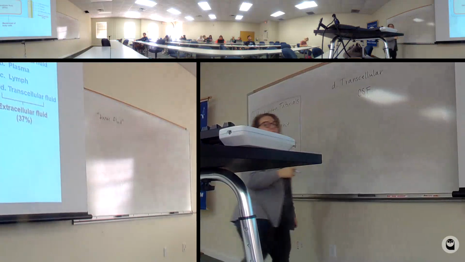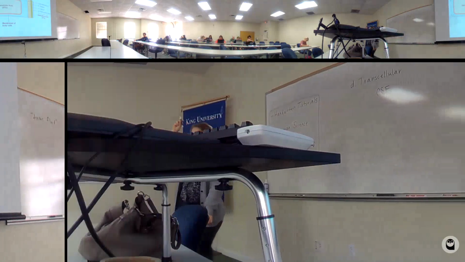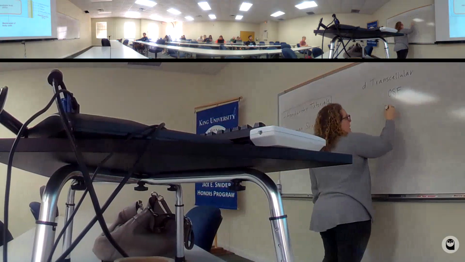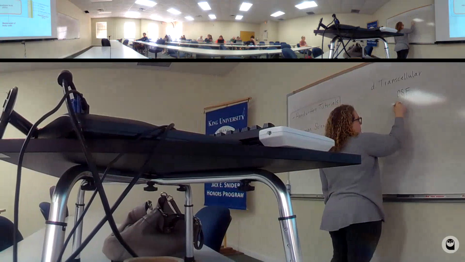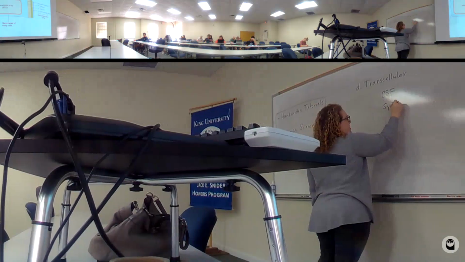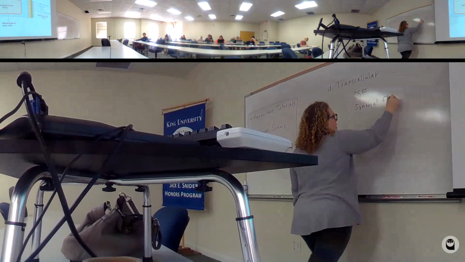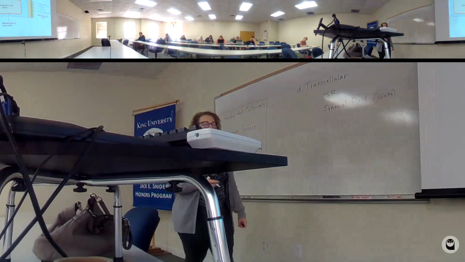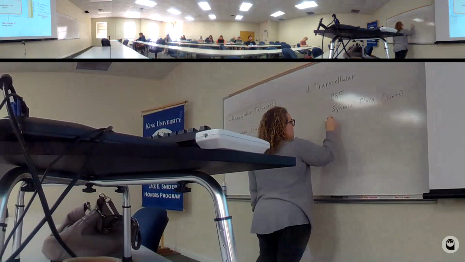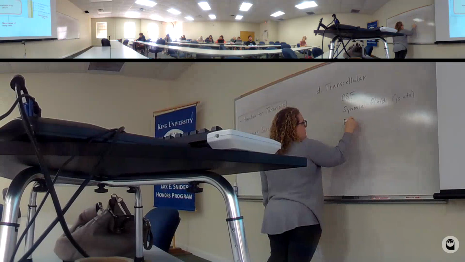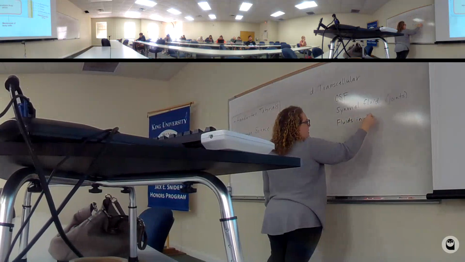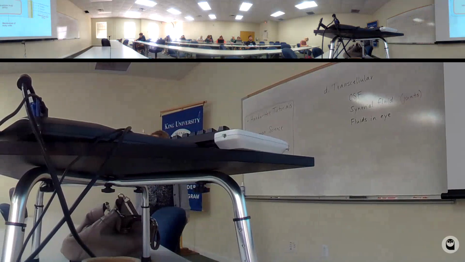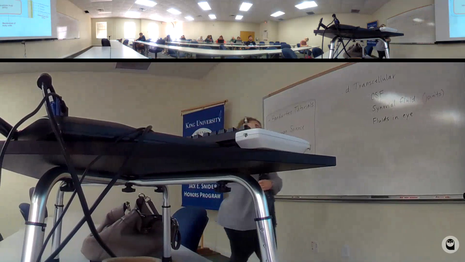Your cerebrospinal fluid that goes through your brain and spinal cord would be transcellular. Synovial fluid in your joints would be transcellular. Fluids in your eye, like the vitreous humor, would be transcellular.